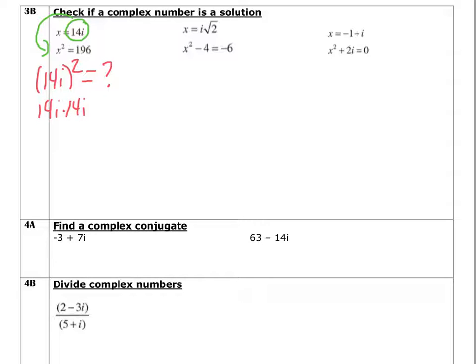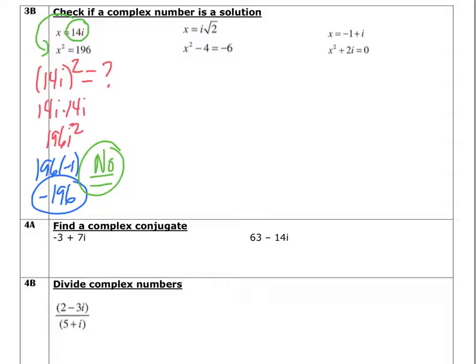When you simplify that, you will get 196 i squared. Don't forget though, i squared means negative 1, so this would be 196 times negative 1, which equals negative 196. Clearly we can see that does not equal a positive 196, so is this a solution? Your answer would be no.